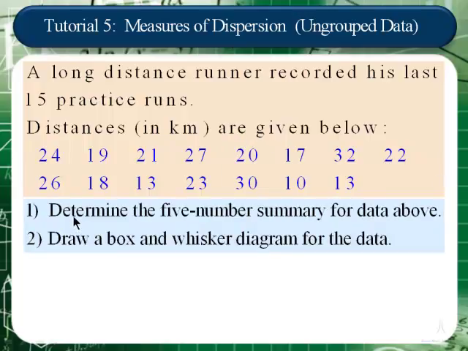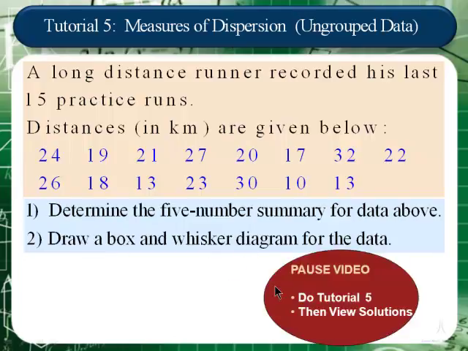It's expected of you to determine the 5-number summary for the data above, in other words, calculating percentiles 0, 25, 50, 75 and 100, and then draw a box and whisker diagram for the data. I suggest that you pause the video, do tutorial 5, and then come back and view possible solutions.